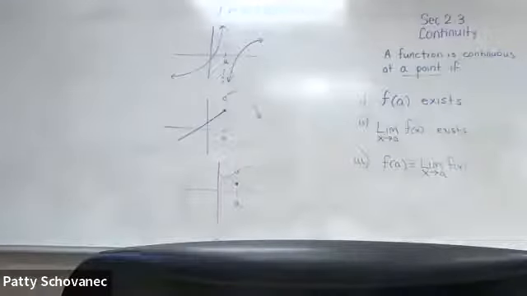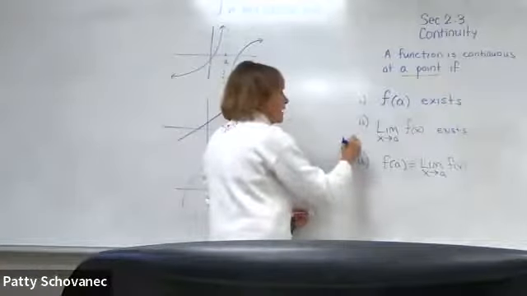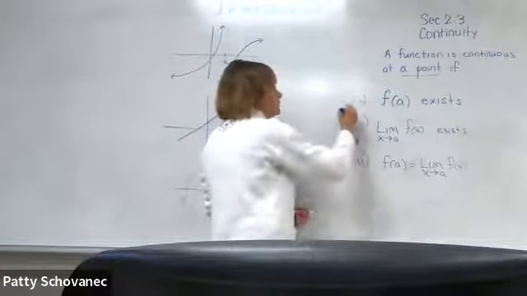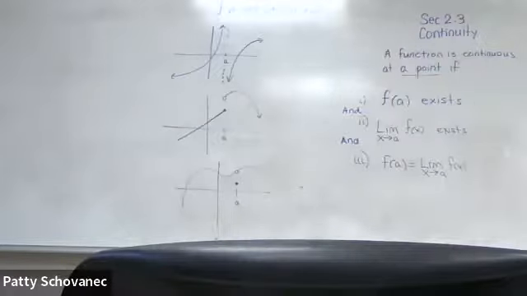So in each of these examples, one of those three conditions, and I'm going to put the word "and" here, all three things have to hold, at least one of those three things is violated by these pictures. For the top picture, which of the three are violated?